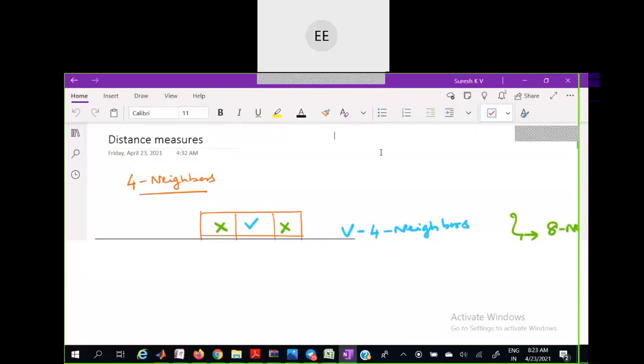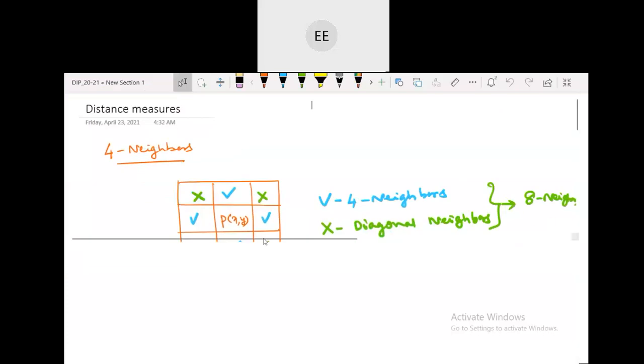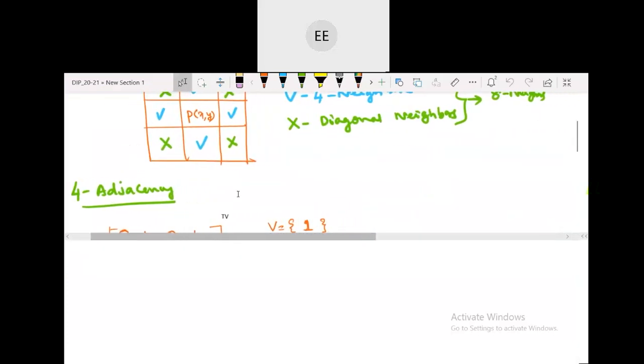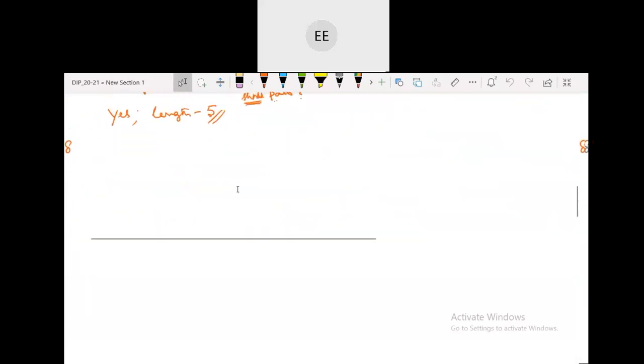Hello, am I audible? Yes, sir. You are audible. Okay, I think 50% of the screen I am unable to use, but that's okay. I can manage with this only. I think I have to pull this down, but I am not able to do it. I don't know where the problem is. Even if I do this, it is not coming down. Yeah, let us not waste our time. I'll just try to manage with this screen only for today. I'll set it up by next class.